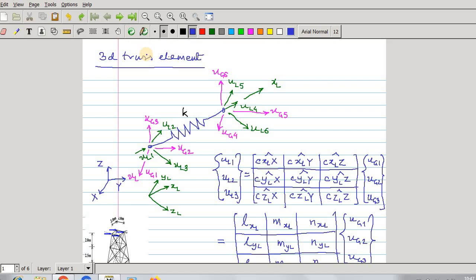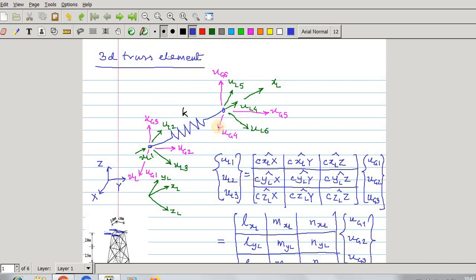So here at each node there are 3 degrees of freedom, that is displacements along the 3 coordinate axes at each node. So there are a total of 3 plus 3, 6 degrees of freedom.